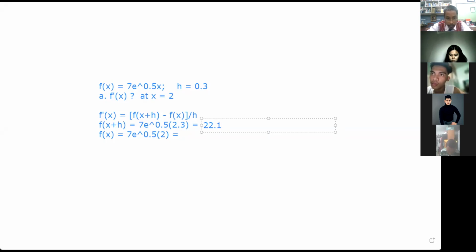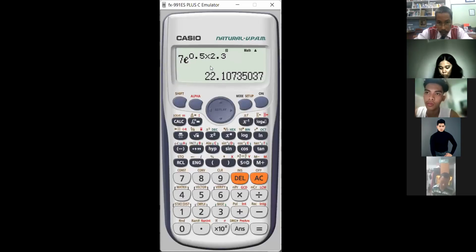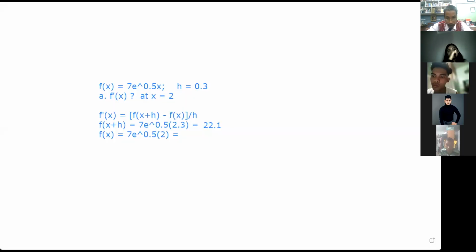Next, the other one. Just go back to the formula and instead of 2.3, use 2. Just click the equal sign. That is 19.0, so 19.0 here.